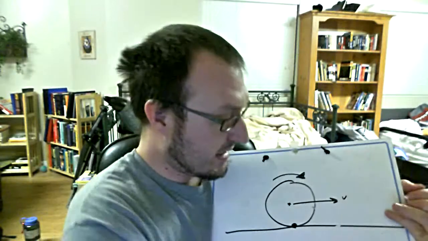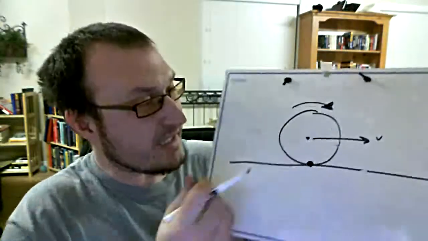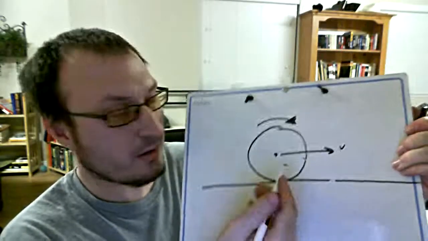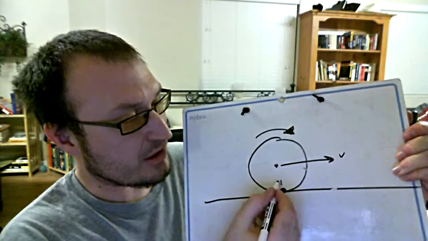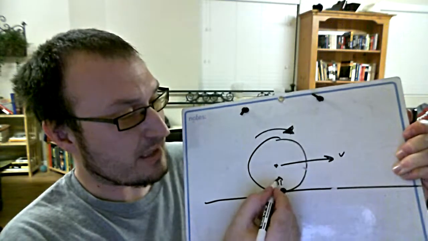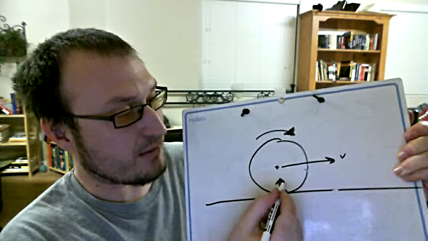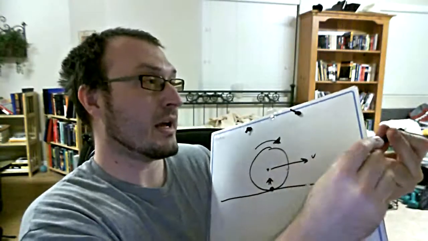Anyways, it has a center-seeking acceleration. And so for me, this problem just seems really easy. I do have to read the problem carefully: the point is here, at the bottom, and the acceleration is here. So I would say, without thinking about it too much, that the acceleration is going up.